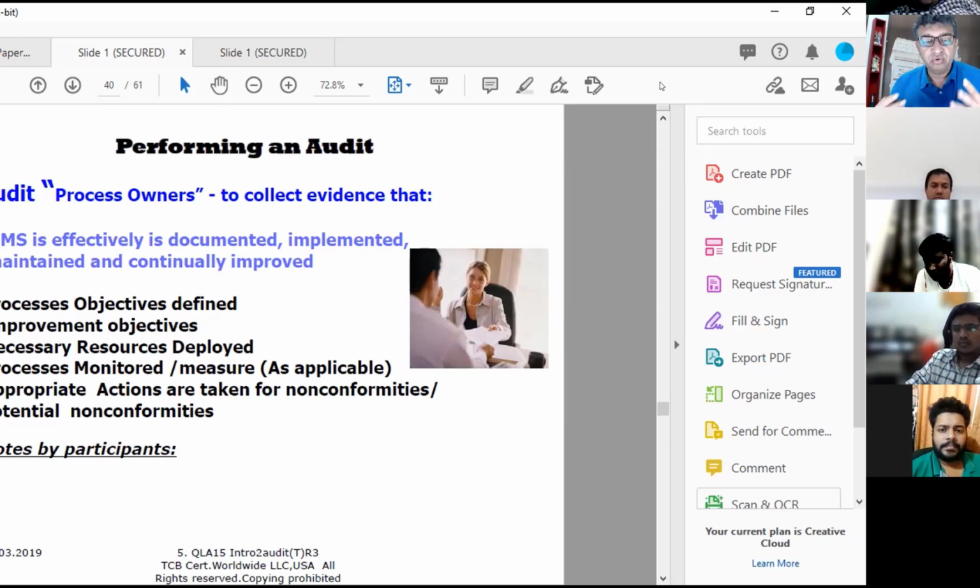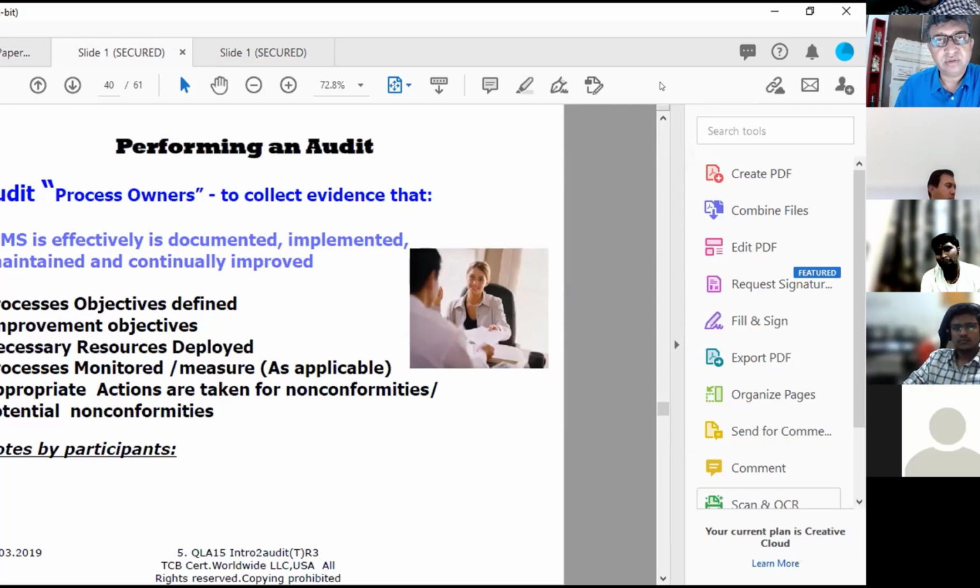So I talk to those people. Arun may not be involved with this process. If I ask Arun and he says, no, I don't know about it, and you say that these people do not know what they're doing, which is wrong, right? Because he's not involved with this. So as an auditor, you have to always audit the responsible person associated with this task. That's what we call the process owner.